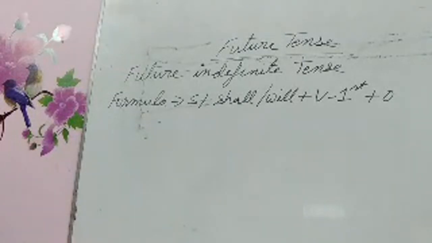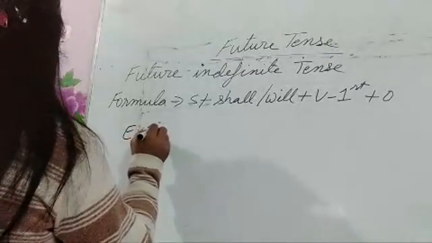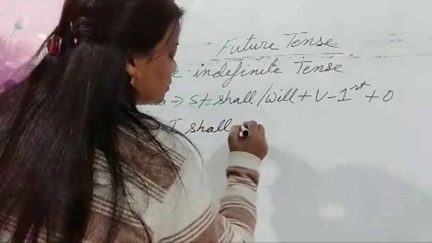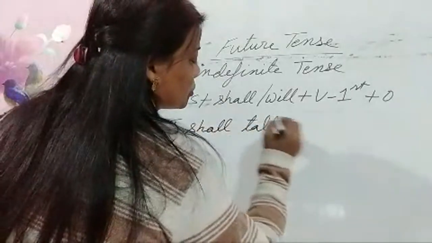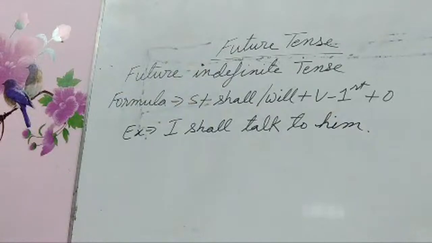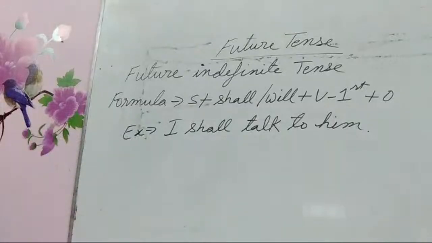Let's see the example related to it according to the formula. Students, according to the formula of future indefinite tense, the example is I shall talk to him.